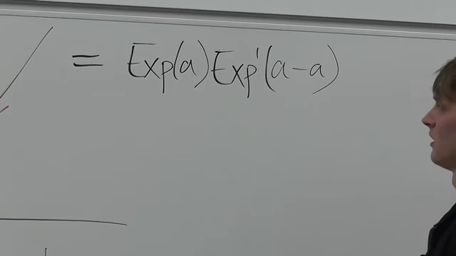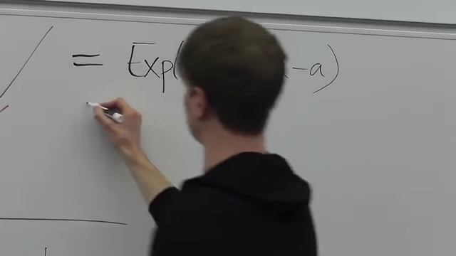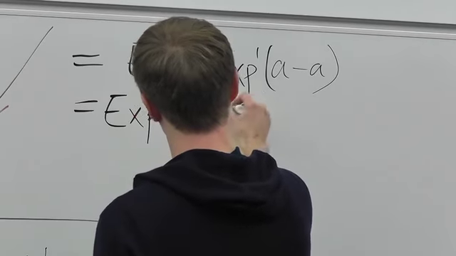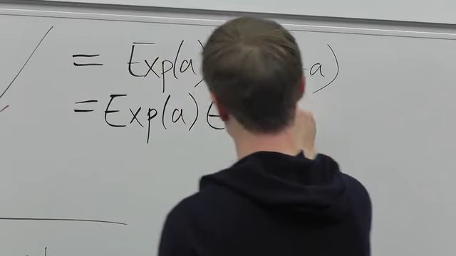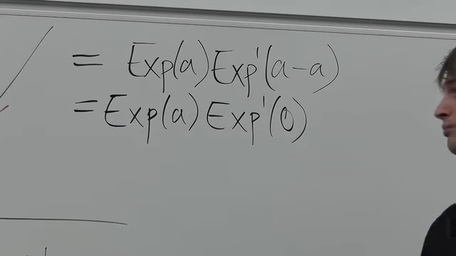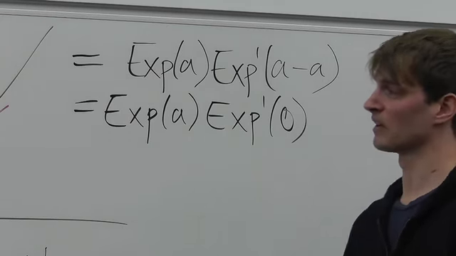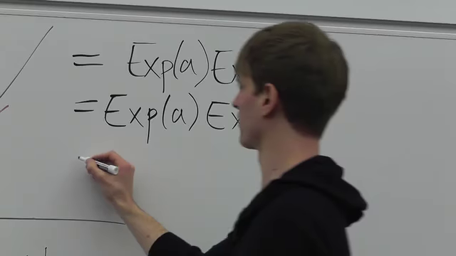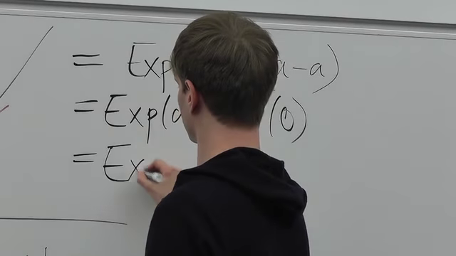So it's like this, and a minus a is 0. So this is the first derivative of exponent at 0, but this is exactly where we can use property number 3, because the first derivative at 0 we've decided is equal to 1. So this is just the exponent of a.